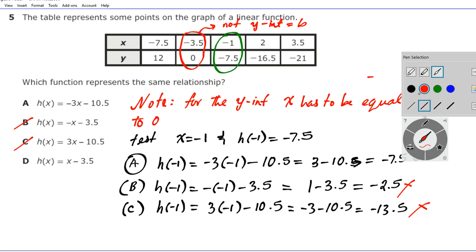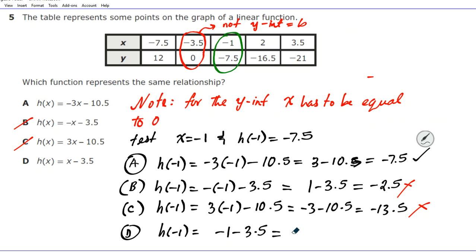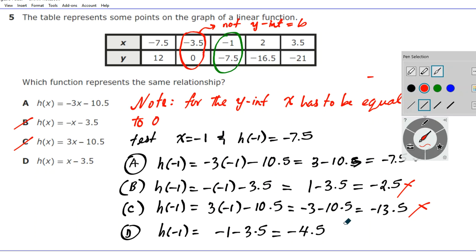Let's go ahead and try option D. So for option D, we have h of negative 1, which is negative 1 minus 3.5, which is negative 4.5, and that is not negative 7.5. So this doesn't work. So just by testing this coordinate pair, we found out that only one works, and it's the correct answer, which is option letter A.